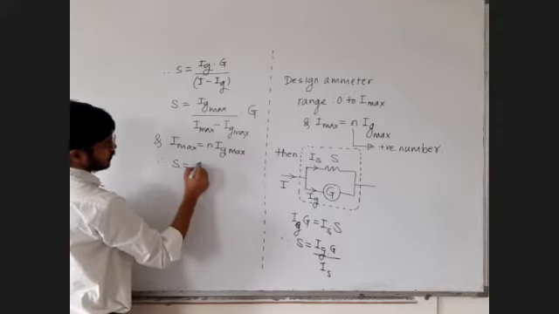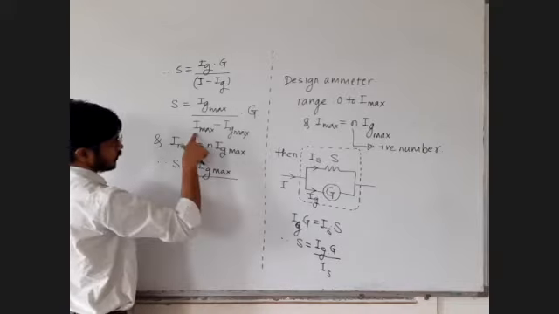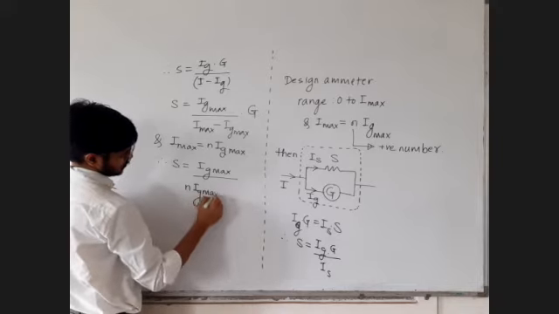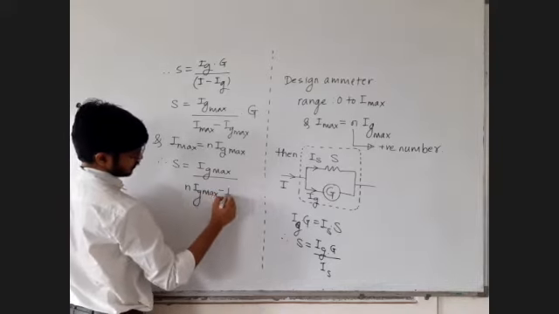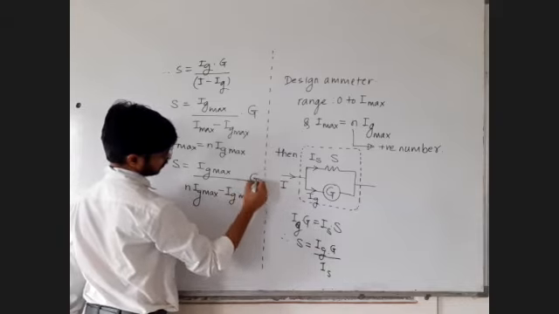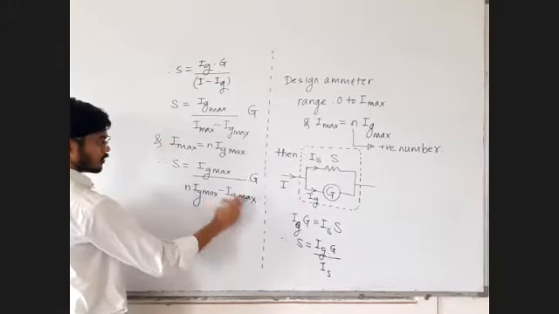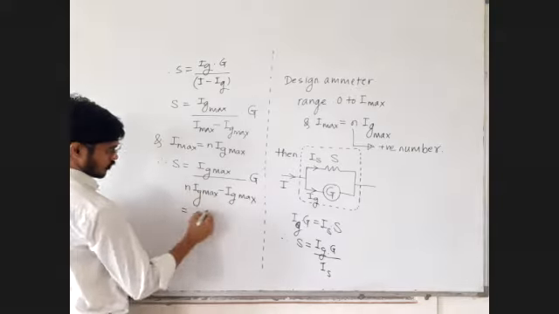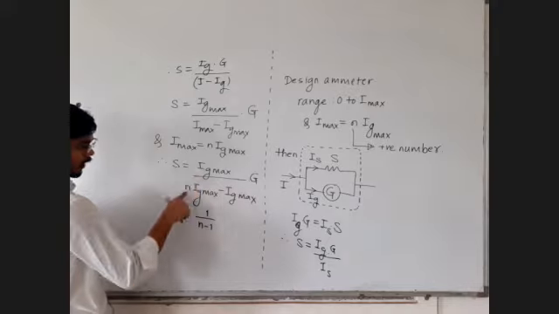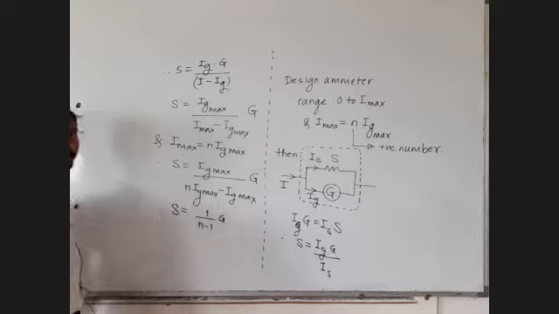S is equal to Ig max divided by, instead of I max put N times Ig max, minus Ig max, into G. So Ig max is common and cancels. So 1 upon N minus 1 into G. That's the answer.